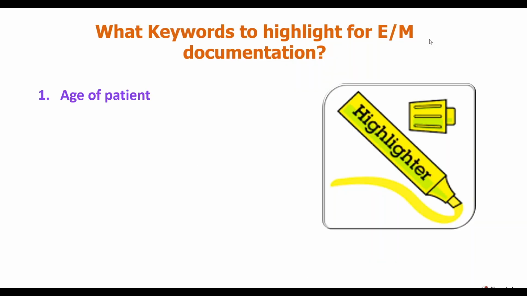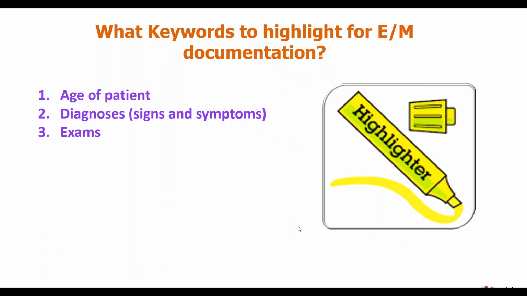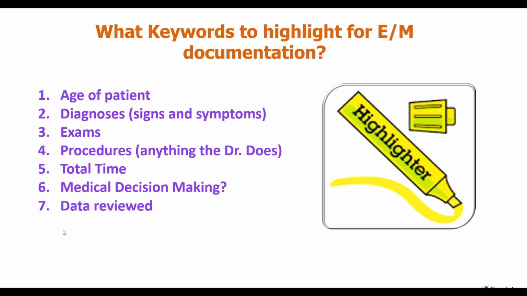So let's begin. What keywords to highlight for E&M documentation? We have to highlight the age of the patient, the diagnosis, signs and symptoms, the exam, the procedure, anything which the doctor does, total time, medical decision making, data reviewed.